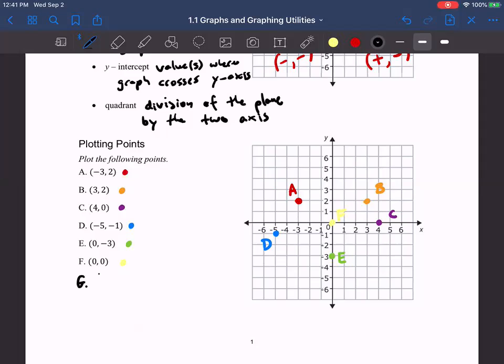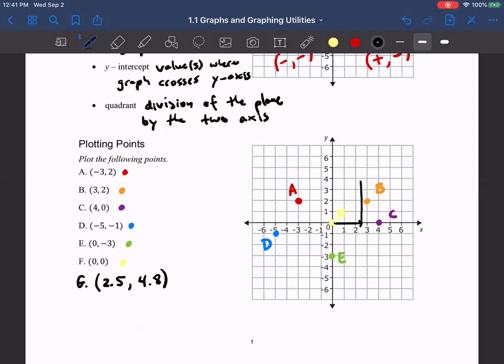Point G will be 2.5 and then maybe 4.8. So something like that. It doesn't have to be all whole numbers. It can be part numbers like that. So I would come out to about 2.5 like that, and then I would go up to about 4.8.